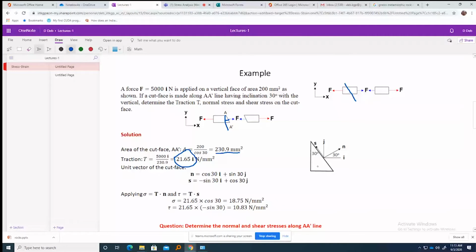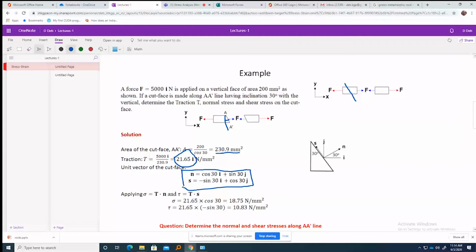Now the unit normal vector along this line will be n equals cos 30 i plus sin 30 j, and s will be minus sin 30 i plus cos 30 j. I think these two relationships you probably know, or we can also derive that later on.